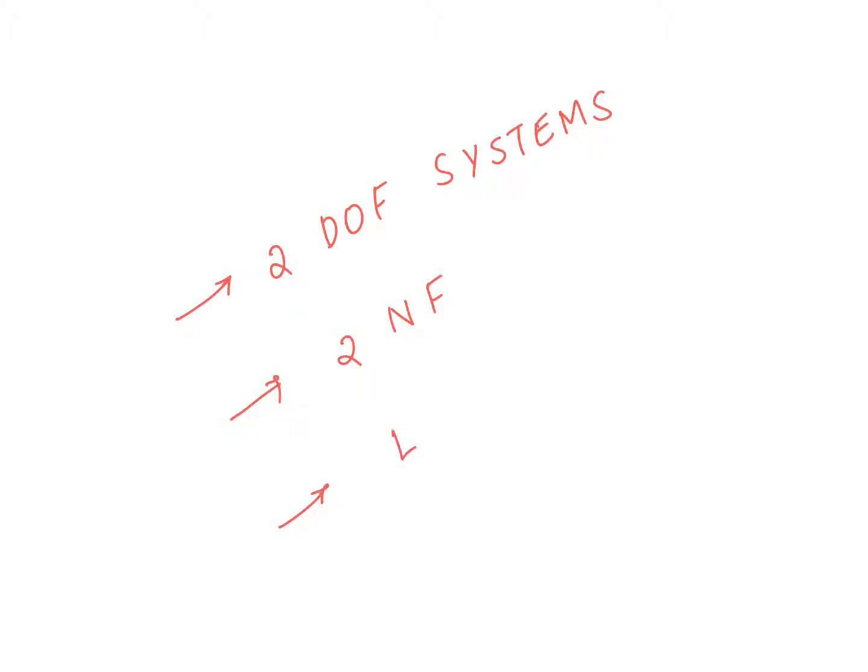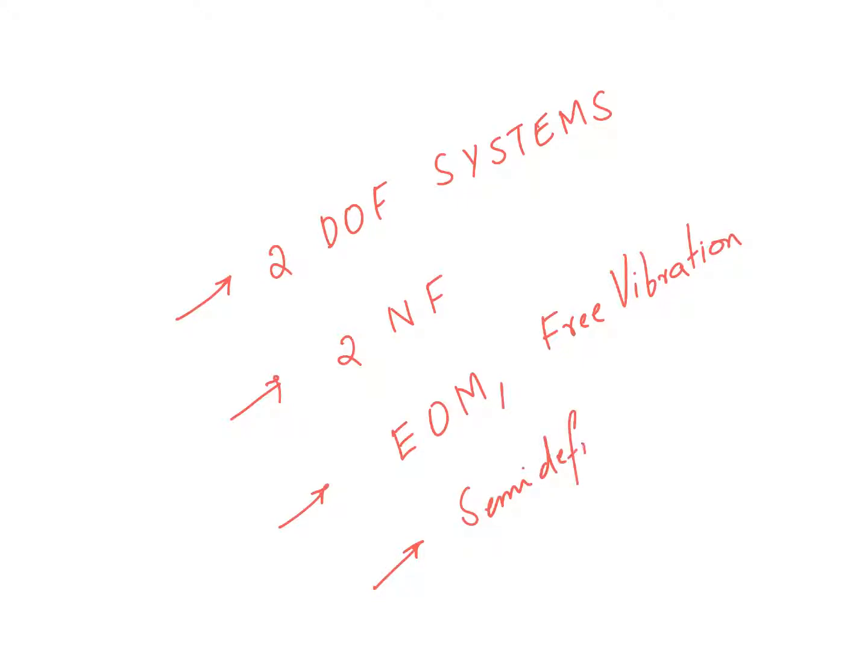You write the equations of motion first, then you solve your free vibration problem, then you will get your natural frequencies. And this kind of system wherein rigid body translation is possible, like the one we have just solved, they are called semi definite problems.